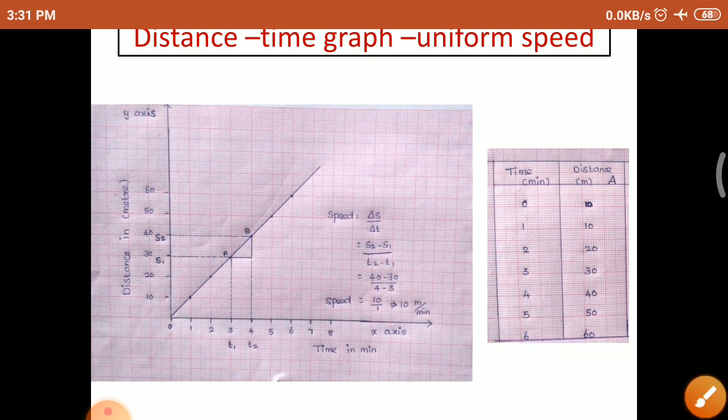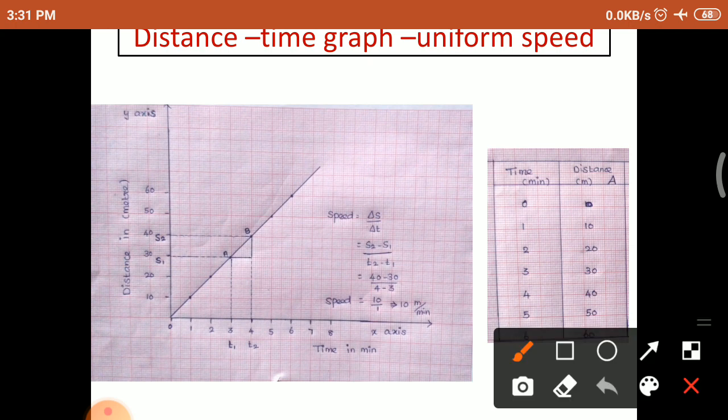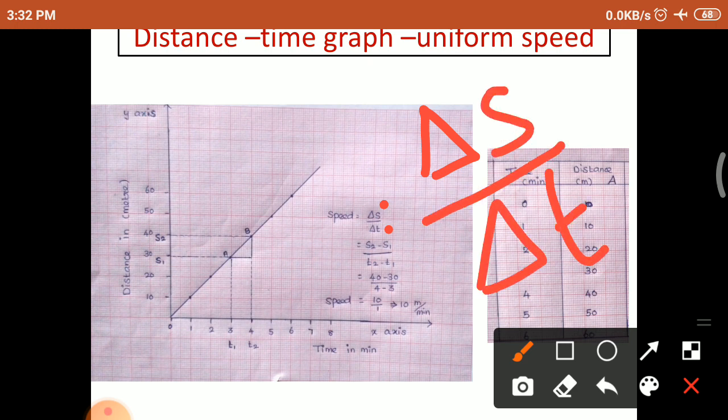Then you have to calculate the speed. You know the formula, speed equals distance by time. The distance is represented by s and time is represented by t. Here I have written delta s and delta t. Delta represents the difference.